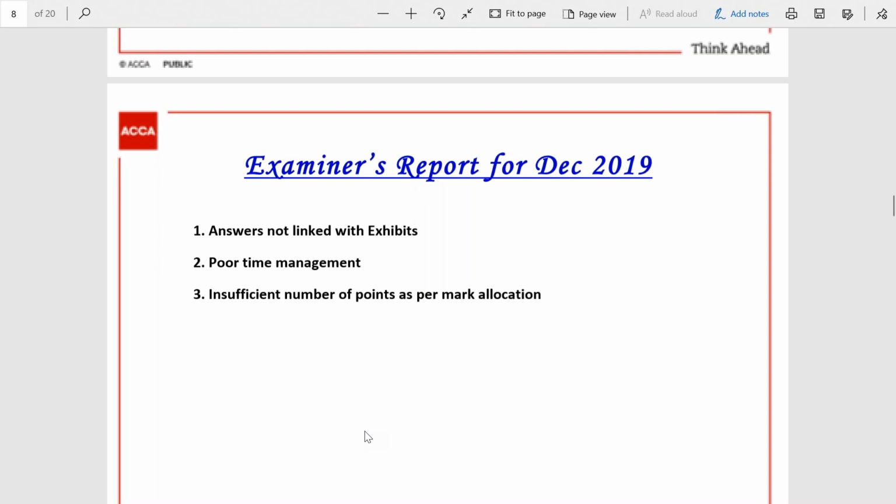So these are the top three reasons. Today I will guide you on problem number one, answers not linked with exhibits. Tomorrow I will start with exam techniques talking about poor time management. And then the day after tomorrow I will talk about issue number three. I think these three are very valid reasons.